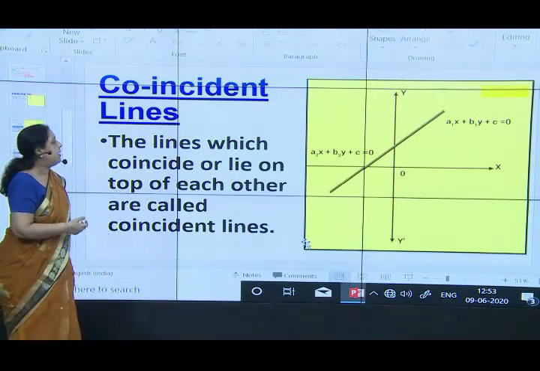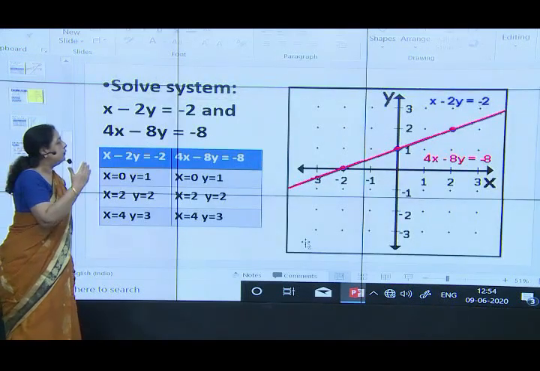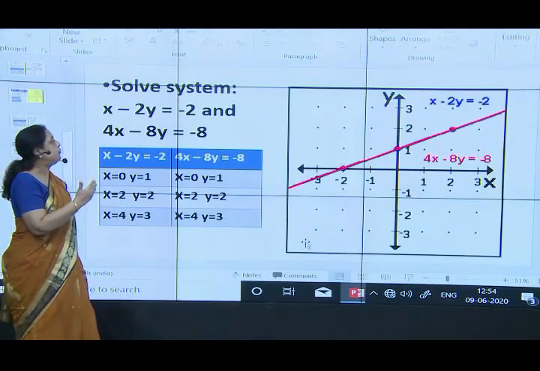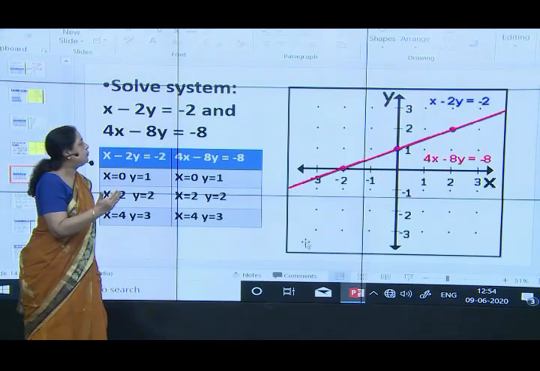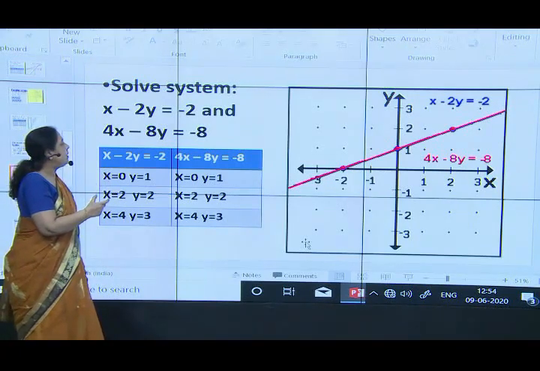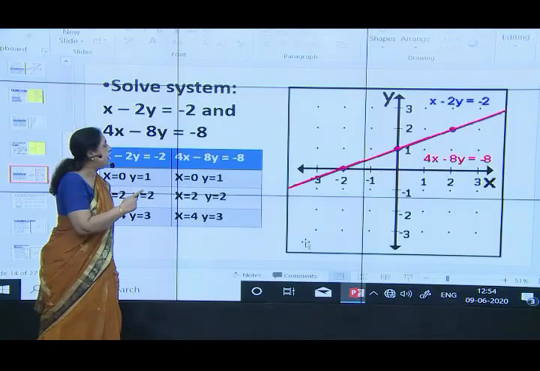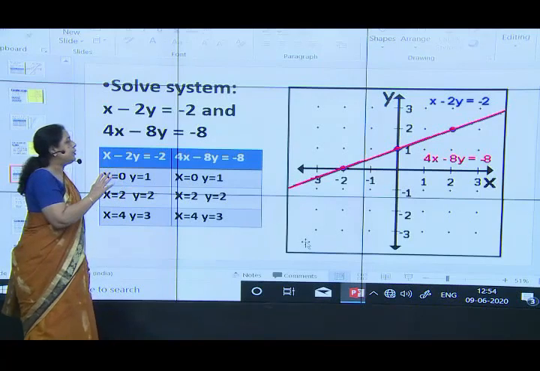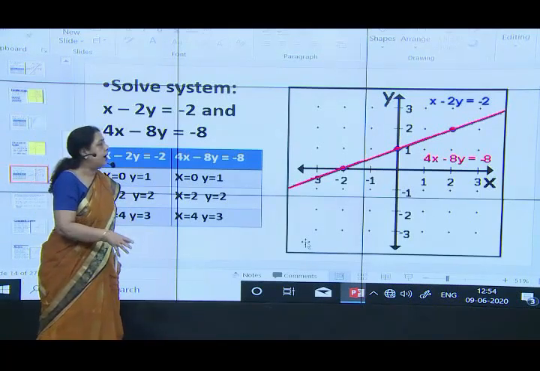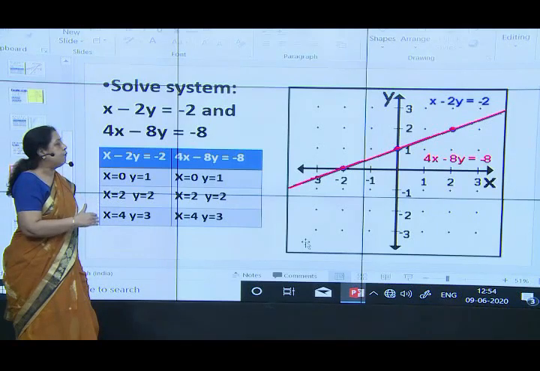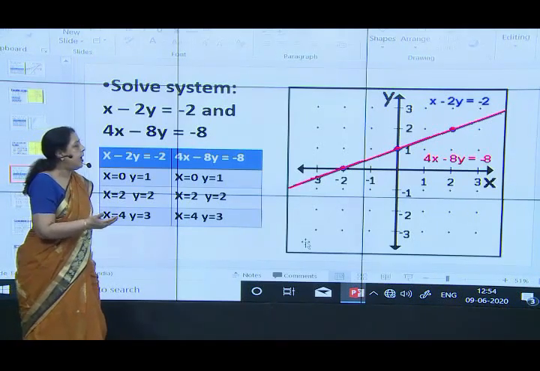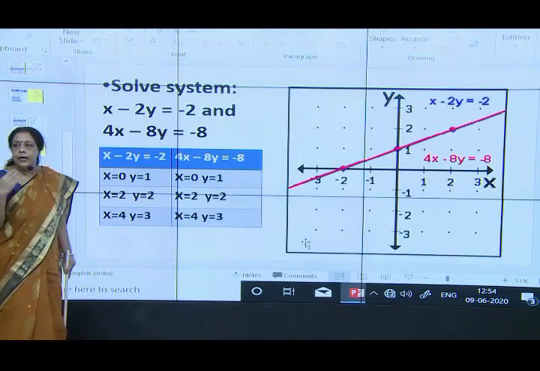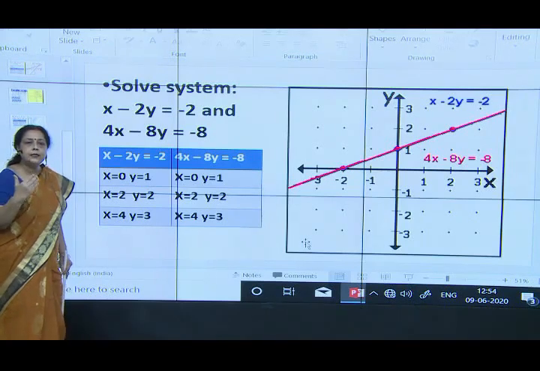Here is an example of the pair of equations x minus 2y equal to minus 2 and 4x minus 8y equal to minus 8. If we plot these two equations on a graph, we get a pair of coincident lines. In this case, these equations have infinitely many solutions.